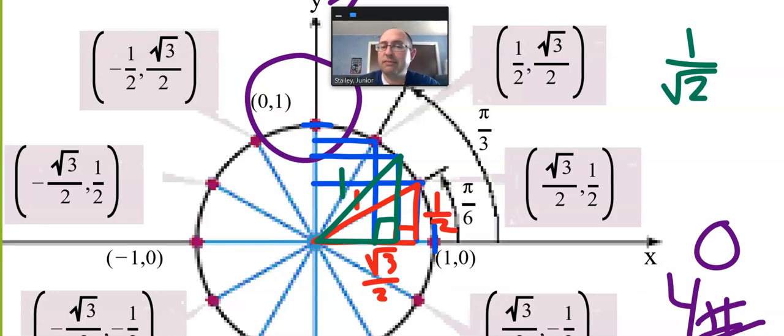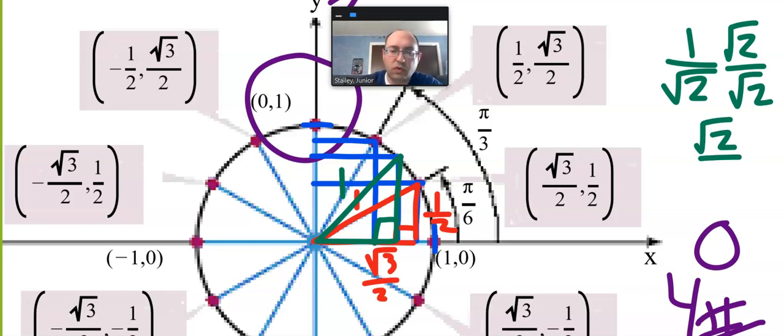It looks like that. Math teachers hate seeing it like that. I personally don't mind, but Math Excel will, so it forces you to rationalize it. And what do you get? Radical 2 over 2. Hey, that's the same leg here as it is here. There's your x and your y value.